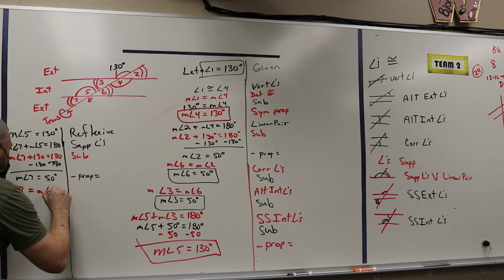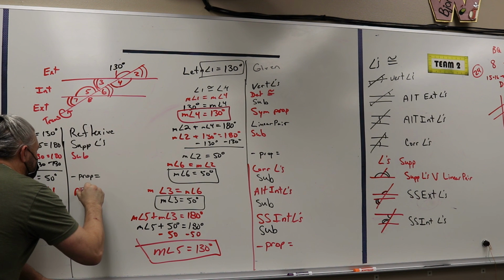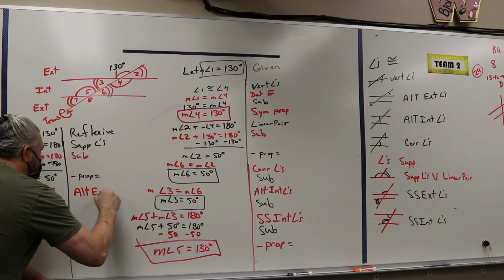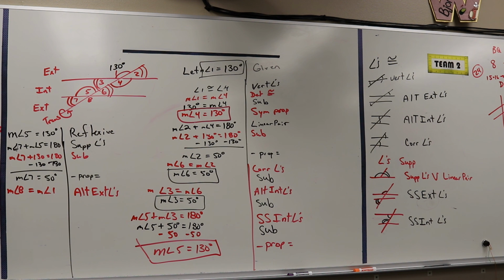We could have done this at the very beginning. This could have been our first one. Why? Alternate exterior angles. And then the measure of angle 8 is equal to the measure of angle 1, which is 130.